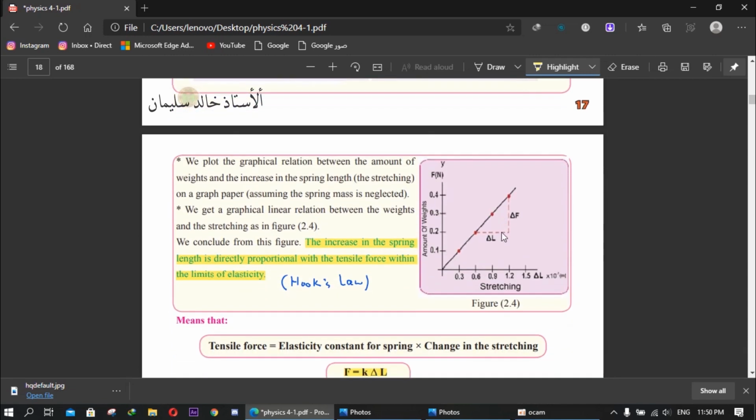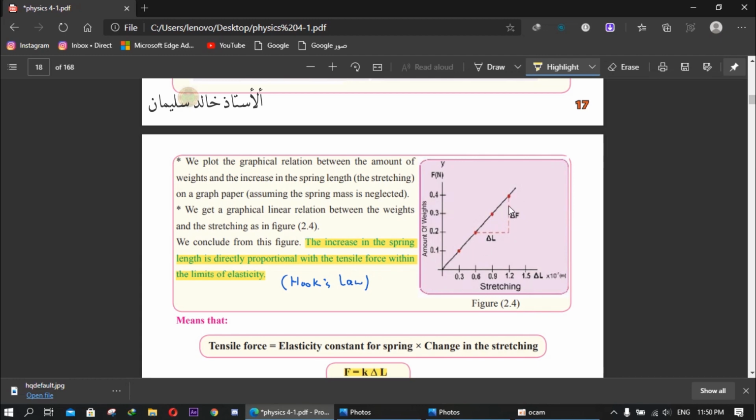We will have this figure 2.4, a graph between the forces, which are the weights, and the elongation, the stretching, delta L. We see it's a straight line.